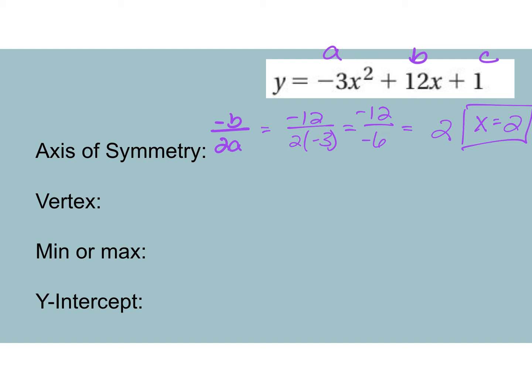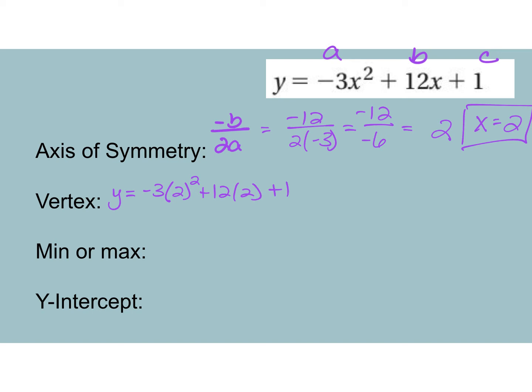Okay? So from here, we're going to go ahead and find our vertex. Knowing that x is 2, that means we're going to go ahead and substitute 2 for x. So y equals negative 3 times 2 squared, of course, plus 12 times 2 plus 1.